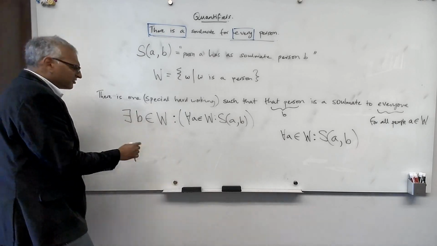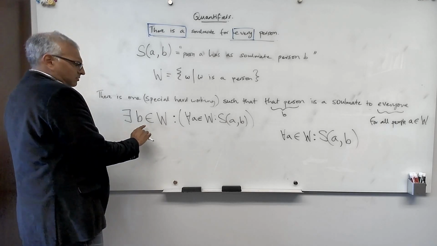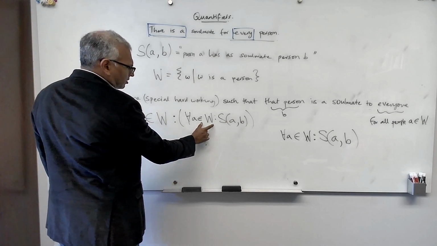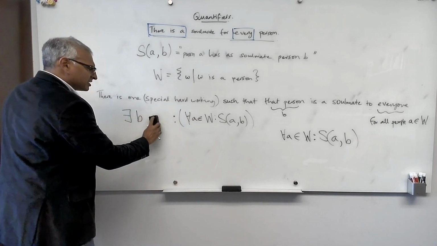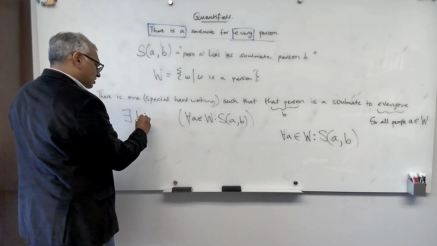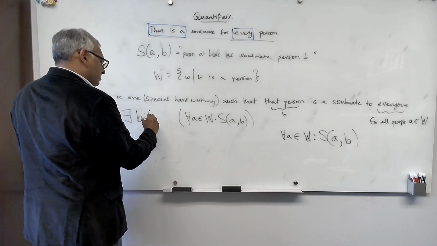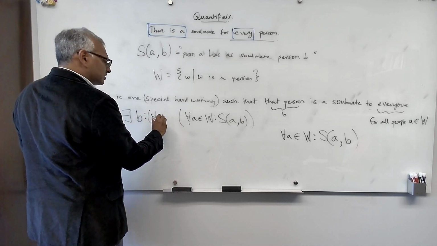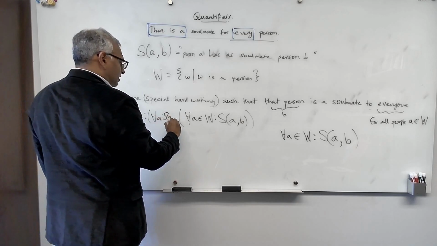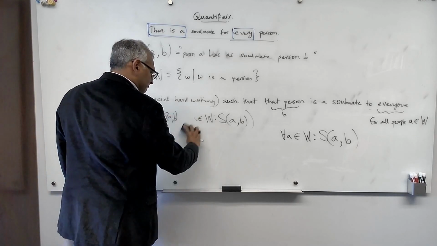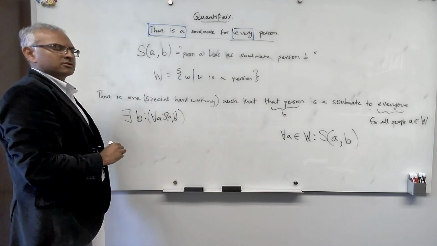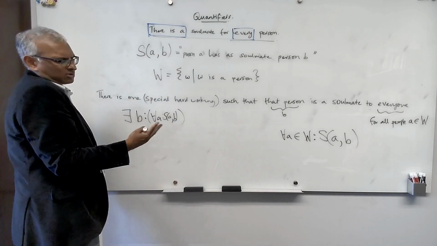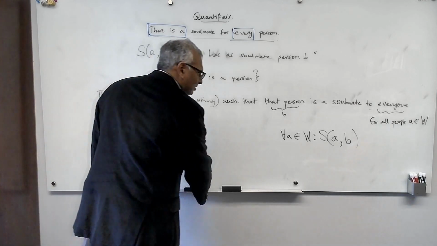Now, very often, we just ignore the statement of the set we're talking about because it's obvious. So we will typically say there exists B such that for all A, it is the case that S of A, B. I'm just removing the set W from this picture because it's obvious that we're talking about people.